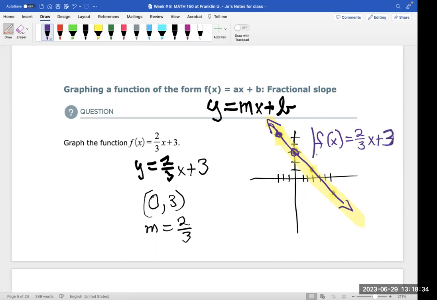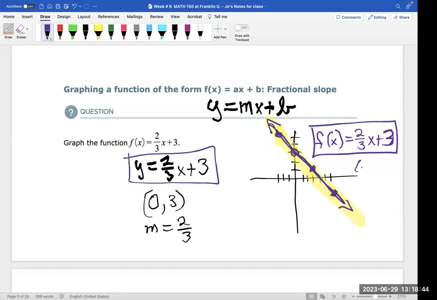There's the function, or you can write it as an equation. And all of the dots on this line that you draw are the xy pairs that make the equation true. So 0,3 is one. This one over here, 3, 1 is another.